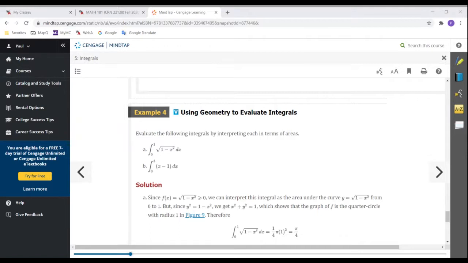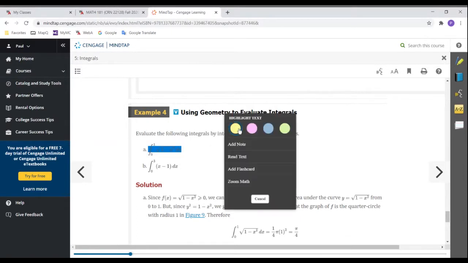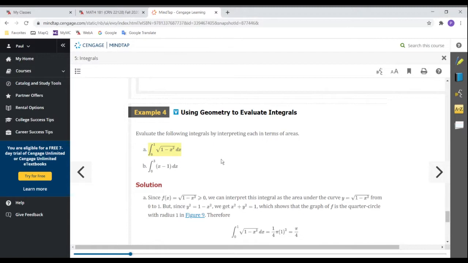sometimes those formulas are going to work for polynomials. But if you have an example like example 4 here in A, where you want to evaluate the definite integral from 0 to 1 of the square root of 1 minus x squared dx, you're not going to be able to use one of those summation formulas.